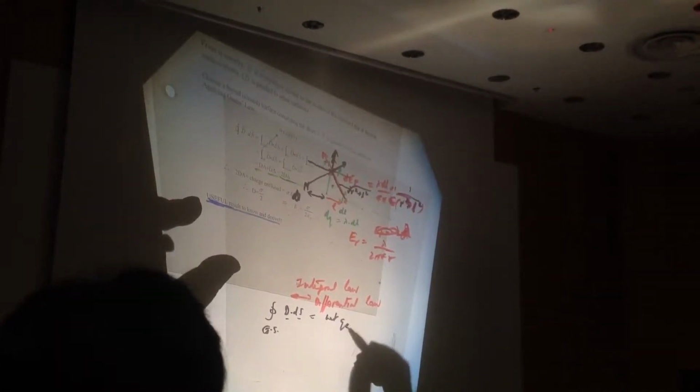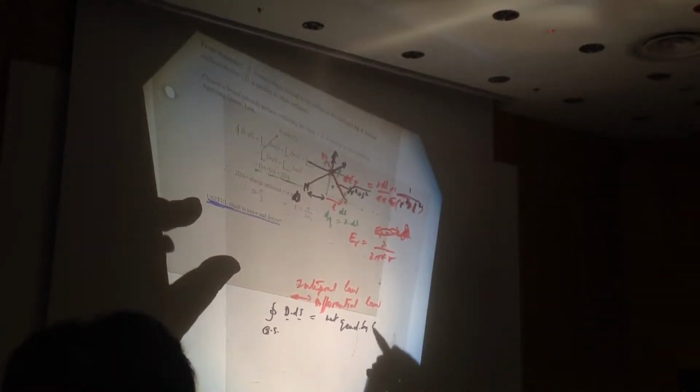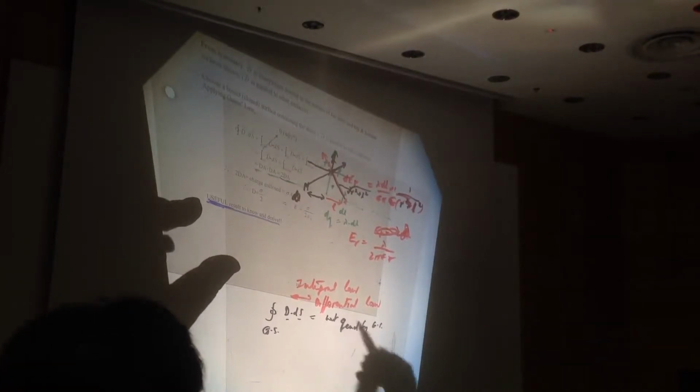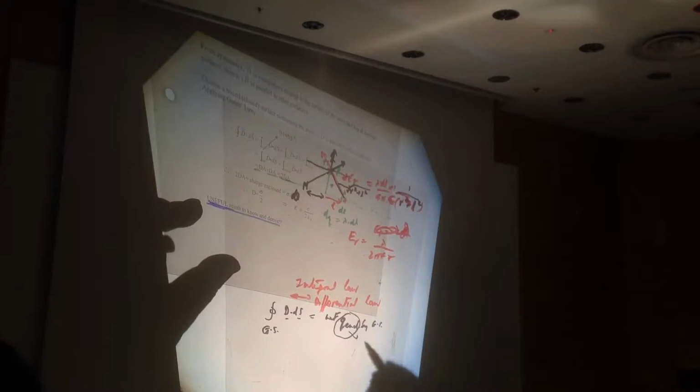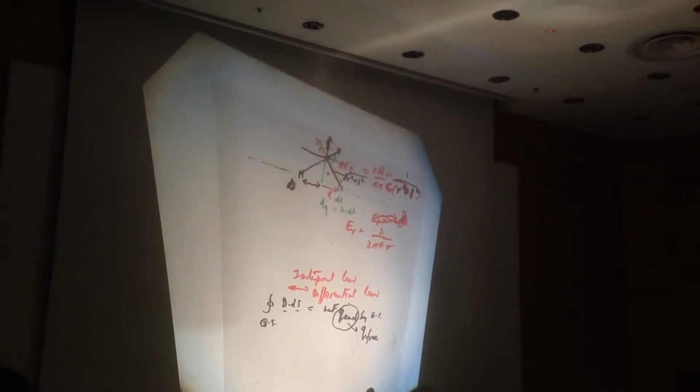the integral of D·dS is equal to the net Q enclosed by the Gaussian surface. So again, I have to emphasize that Q here is Q free, not total Q. Free means these charges on conductors, they can move. Very important.